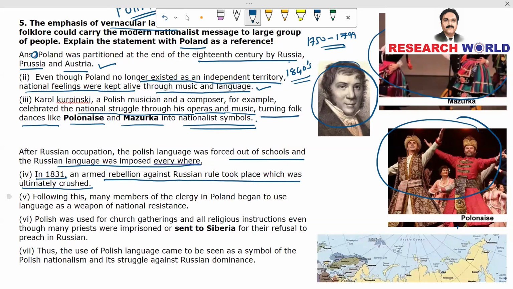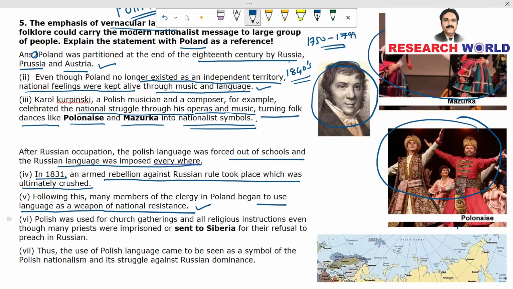Following this, many members of the clergy in Poland, clergy means those who are serving in church, began to use language as a weapon of national resistance.